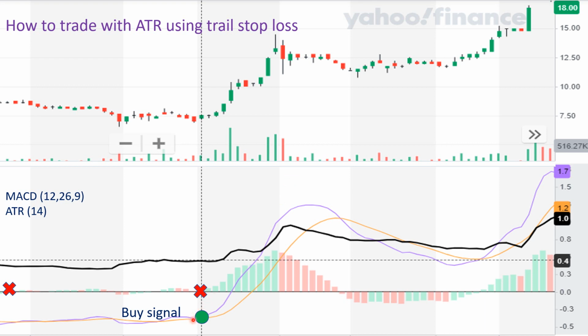So from the entry price, which is $7.50, and the exit price, which is approximately $13, you make a very good profit. So you see that ATR and the MACD indicator together are very good indicators that you can use to enter the trade and make profit.